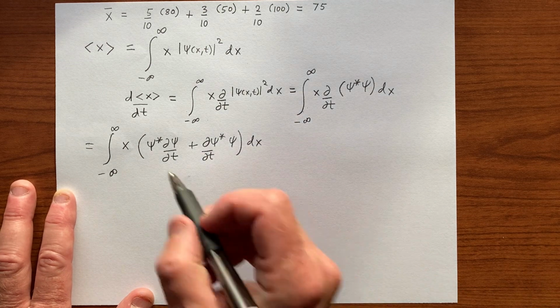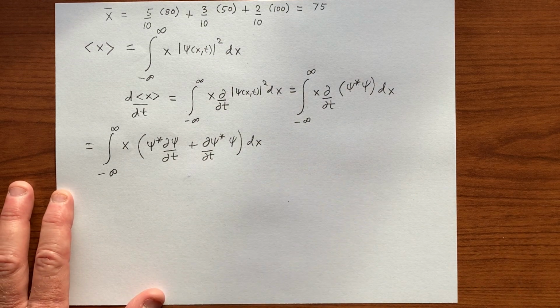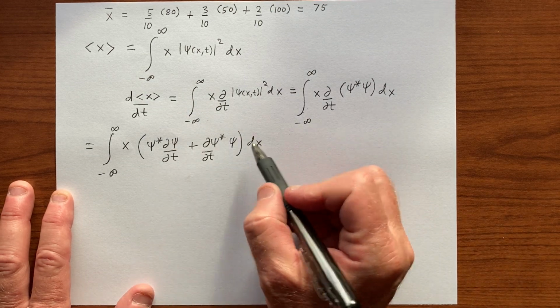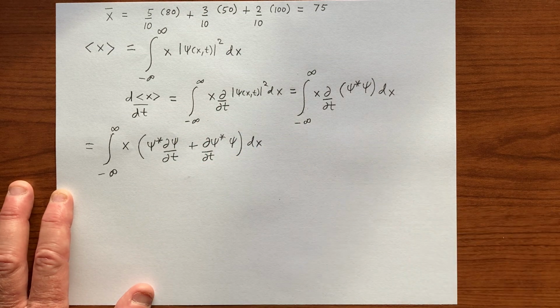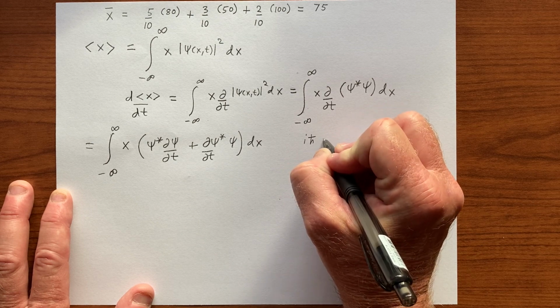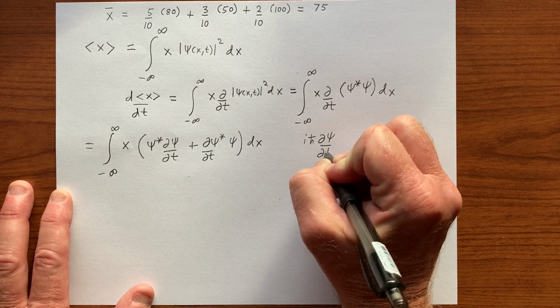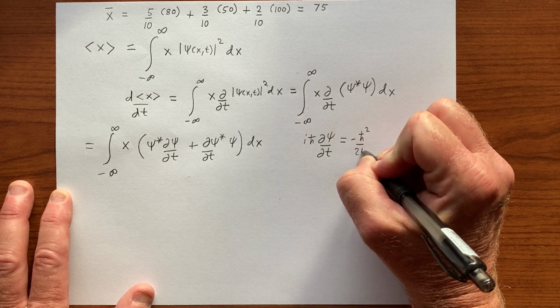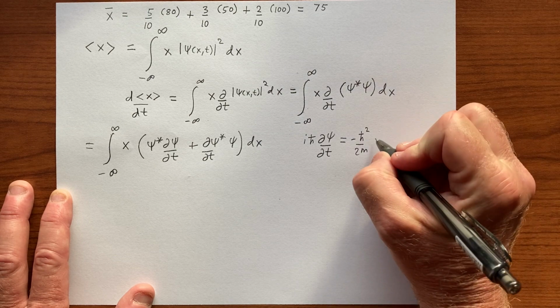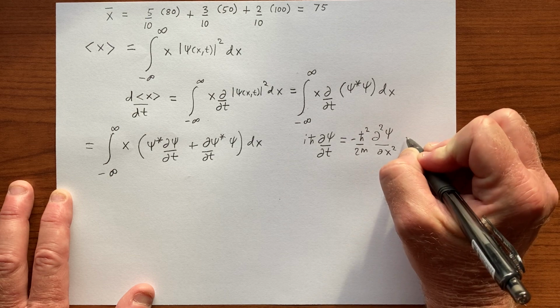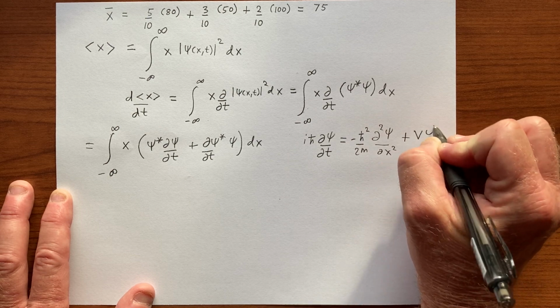Now we look at these time derivatives, and we want to integrate in x. So we want the x dependence of all of these terms, and so we can use the Schrodinger equation, which says that i h bar d psi dt is equal to minus h bar squared over 2m, two derivatives in psi with respect to x plus v times psi.